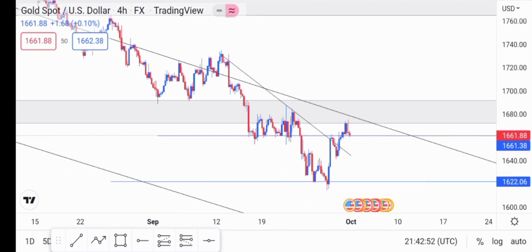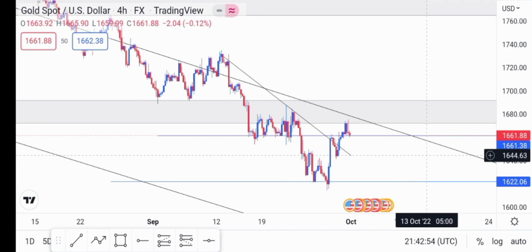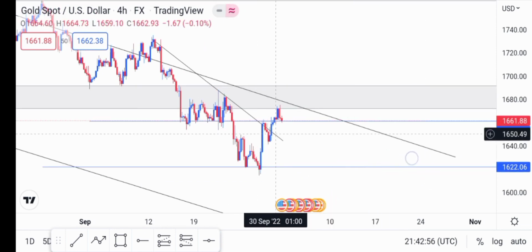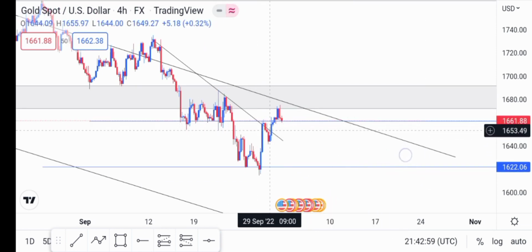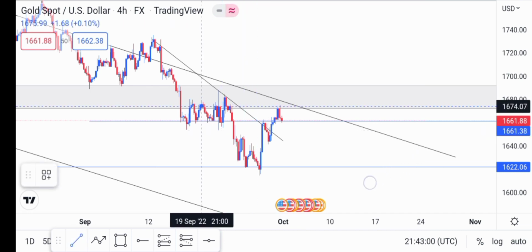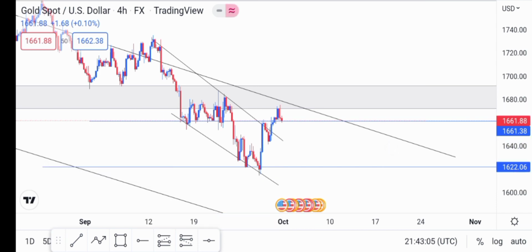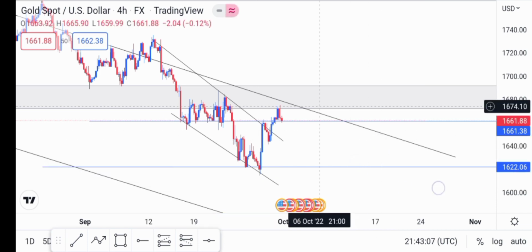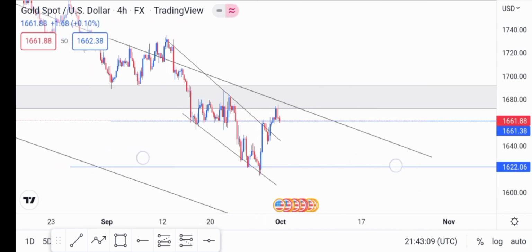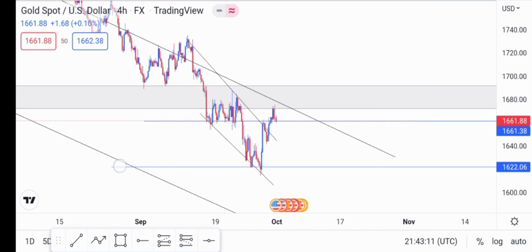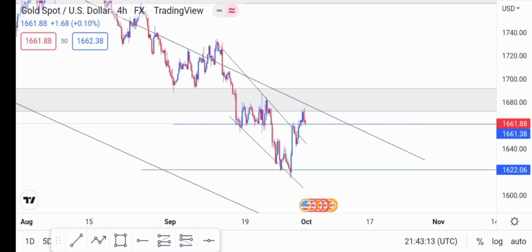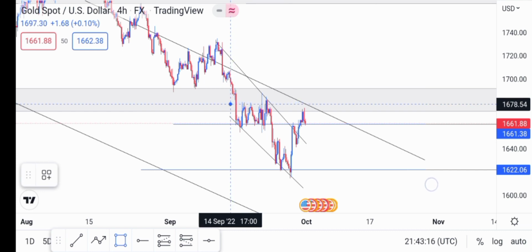So it seems like gold has broken out around this area here, broke this pattern right over here to come and retest this area here. So on gold, I don't know actually. I'm not quite accurate with it.